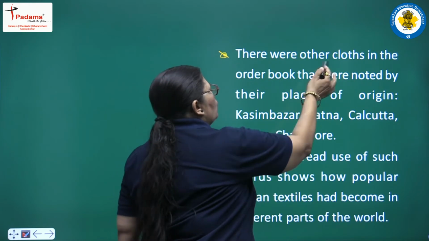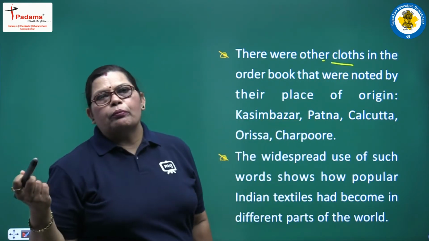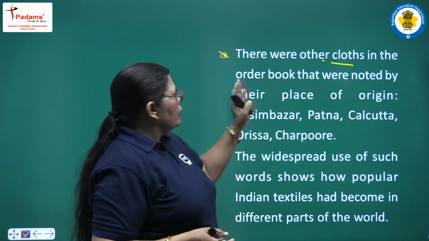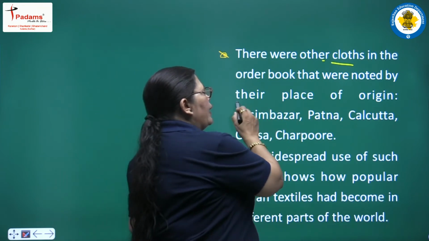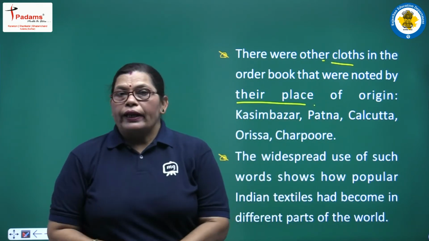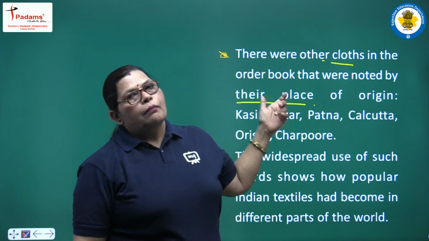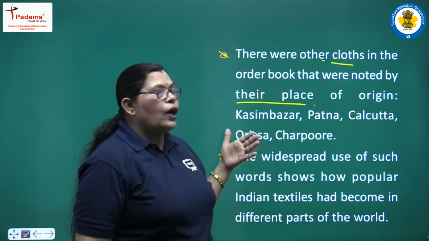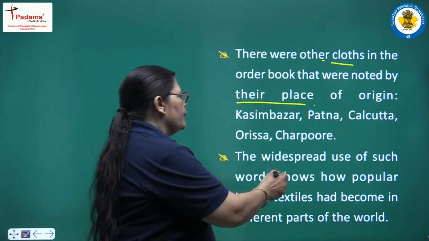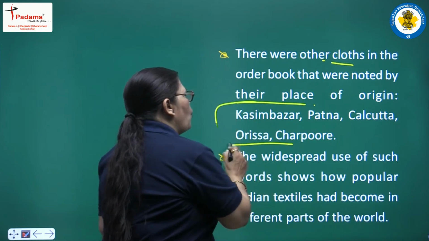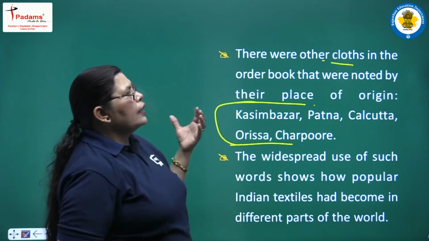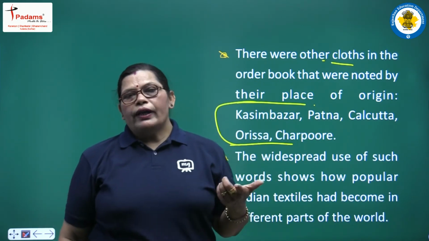There were other clothes in the order book that were noted by their place of origin, for example Kasimbazar, Patna, Calcutta, Orissa, and Sarpur. See, these were important cities where the other cloth materials were developed.